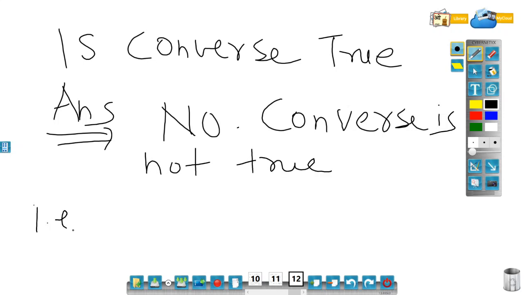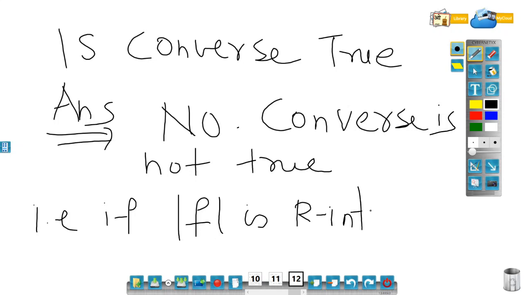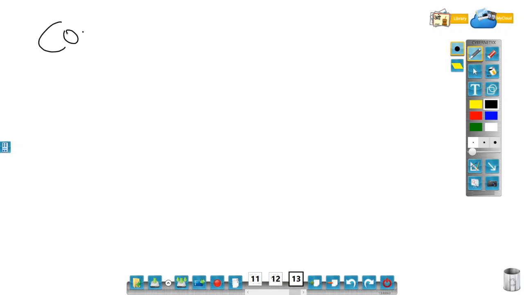That is, if mod f is R integrable, that does not imply f is R integrable. If this is not true, I should give a counter example where mod f is R integrable but f is not R integrable. Then it will be more clear. So counter example.